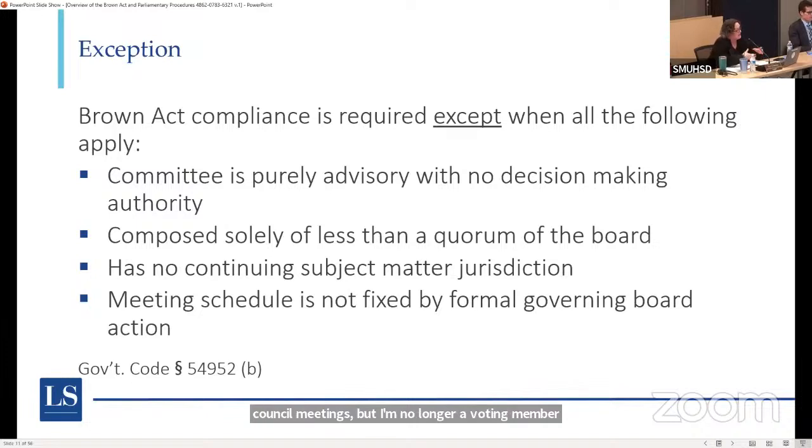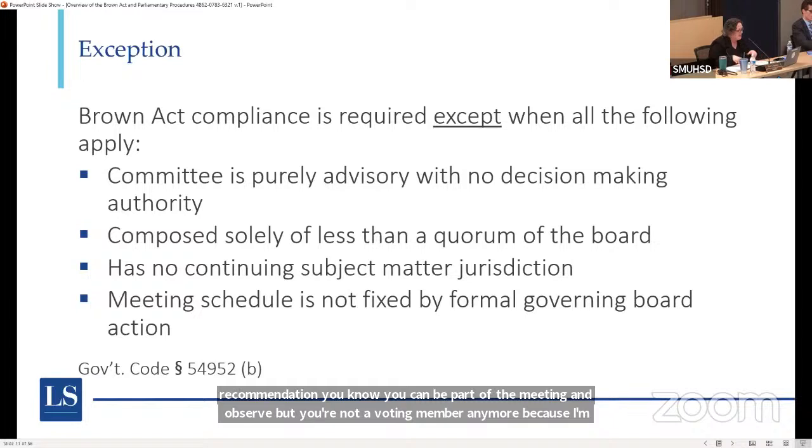The school site council makes the recommendation for the LCAP and the school site SIPSA, right? So if the school site council is making a recommendation to the school board, you can't be on that team that's making the recommendation. You can be part of the meeting and observe, but you're not a voting member anymore, because I'm going to be over here approving that SIPSA. So that's part of the Brown Act as well.